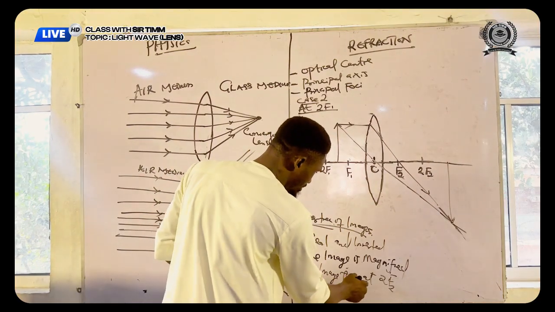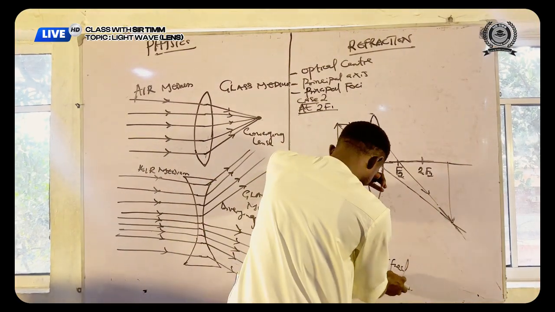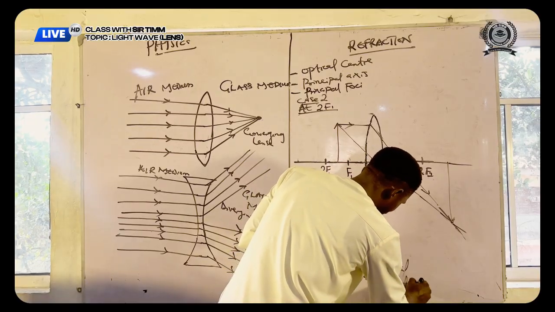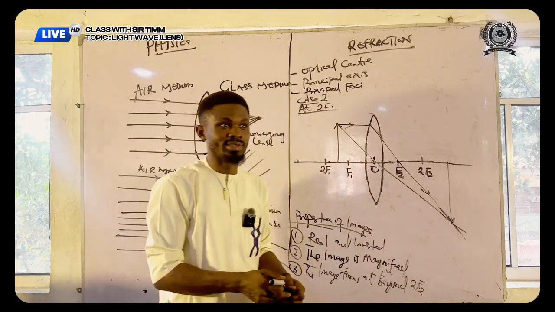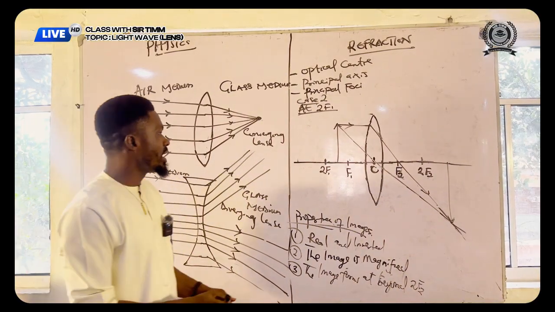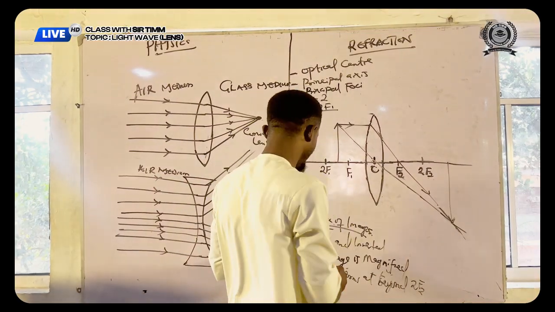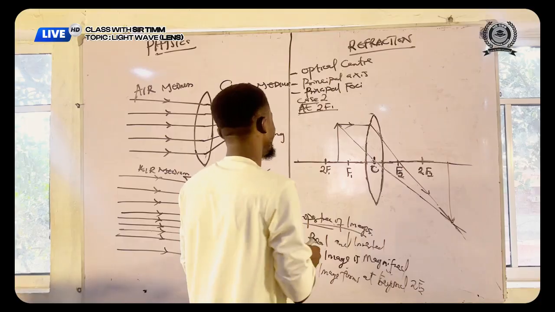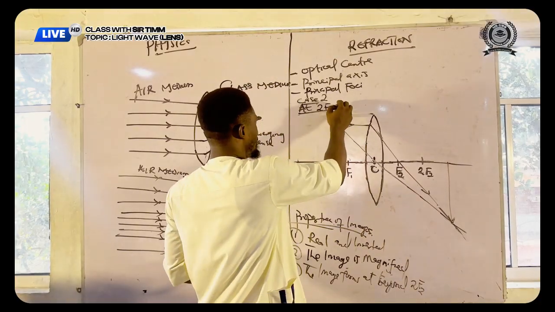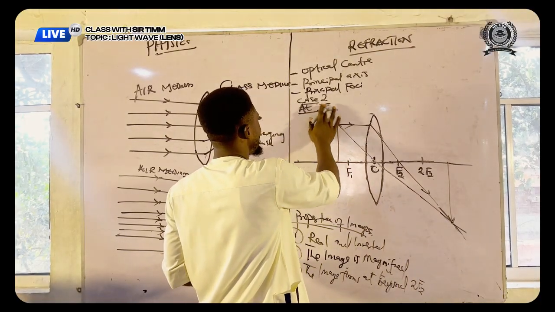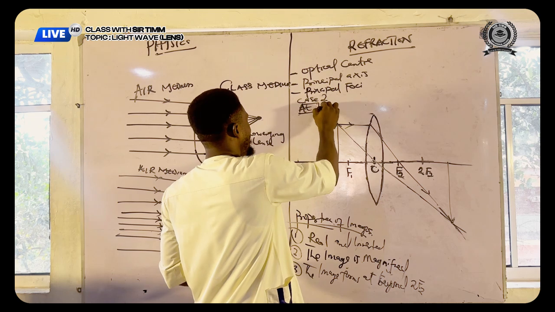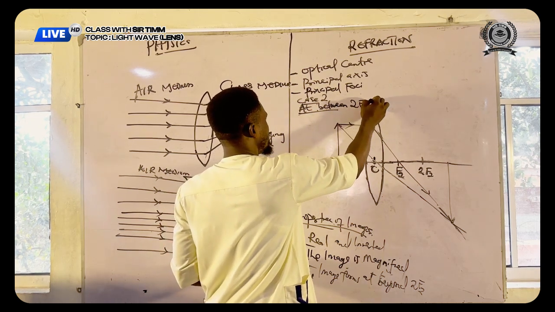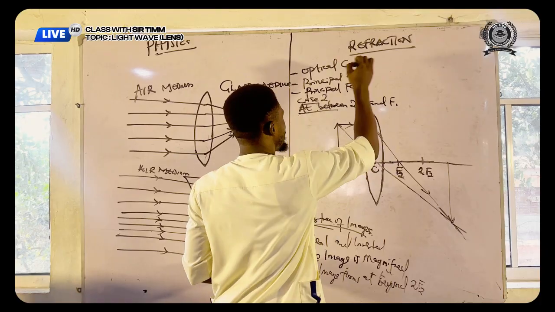So the image is formed beyond 2F2. So where again are we going to? F1. I can wipe it, right? So this one is between 2F1 and F1.